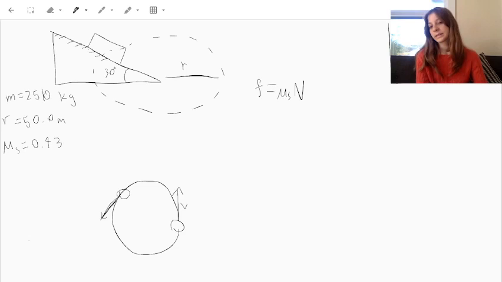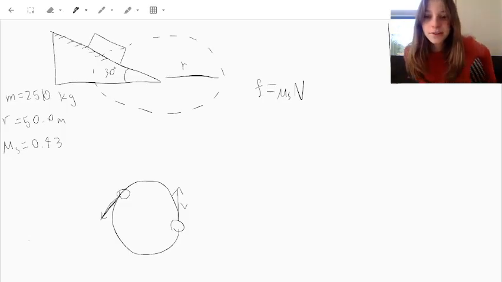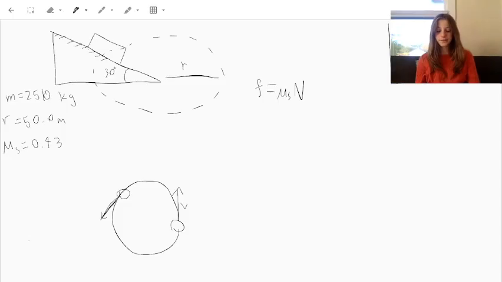Let's say it's always going at the same speed, meaning the magnitude of the vector will be the same, but its direction has changed. There hasn't been a change in magnitude, but there's been a change in direction, meaning there has been some acceleration, even if it wasn't in magnitude.